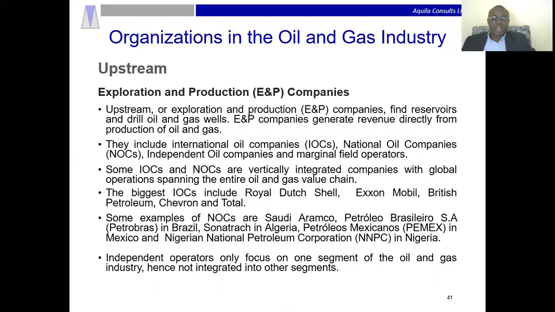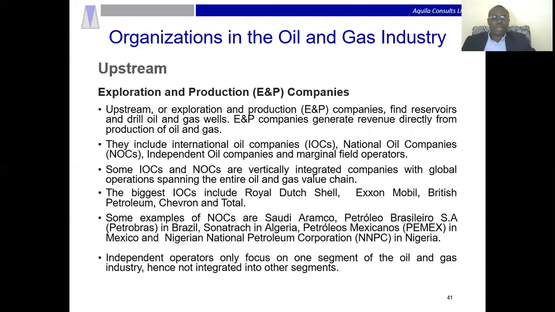Then for national oil companies, these are state-owned companies, so they are owned by their countries. So examples are Saudi Aramco, Petróleo Brasileiro, that's Petrobras, Sonatrach in Algeria, Pemex in Mexico, and NNPC in Nigeria. And then the third companies are known as independent operators, and this is because they only focus on one segment, which is upstream in this case.